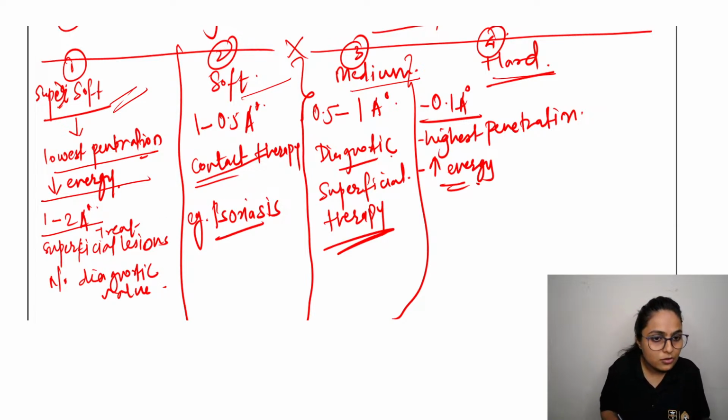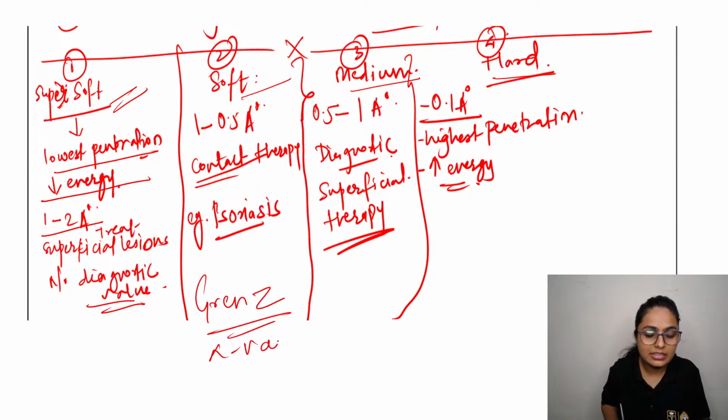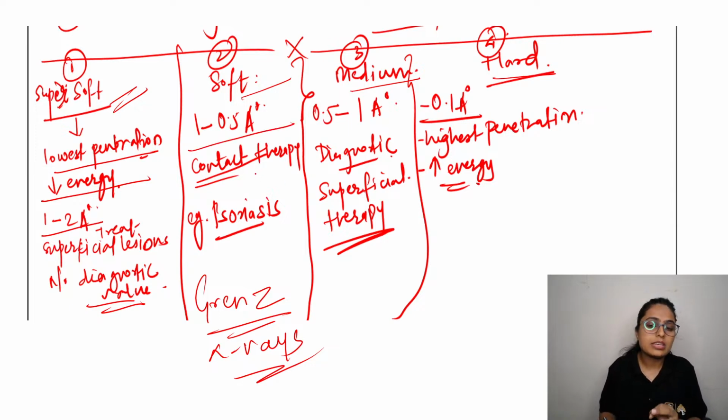They are used to treat superficial lesions, and they have no diagnostic value. Then comes soft X-rays. The other name for soft X-rays is Grenz X-rays. So they have a wavelength of 1 to 0.5 Angstrom. They are used in contact therapy. What is contact therapy? You can use this in psoriasis and any dermatological lesions also.